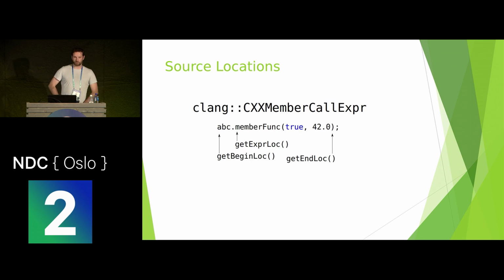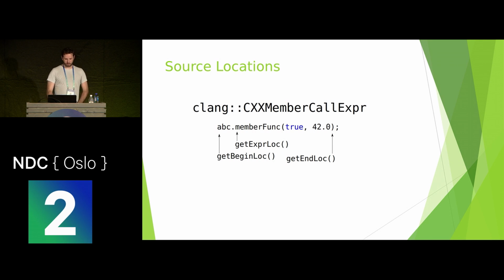So FunctionDecl is only one of the classes in the Clang AST. Calls to member functions are represented with this CXXMemberCallExpr class. And it has a begin and an end loc as well, but then it also has a getExprLoc. So you need to sort of discover that by reading the API today.